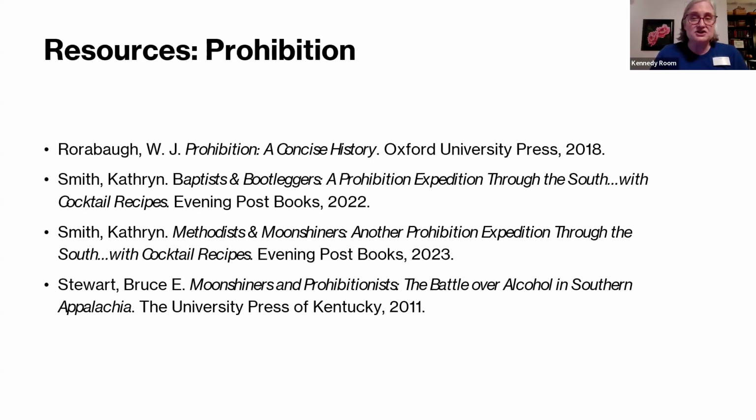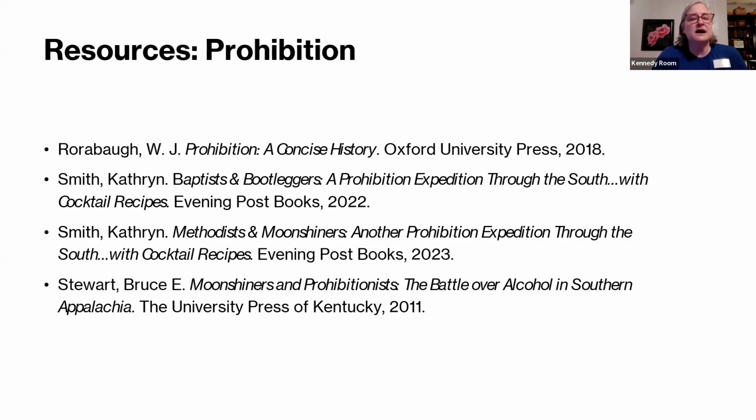They are well researched, but they are entertaining and talk about what was going on, what were regionally popular cocktail recipes or drinks for each of the places that she talks about in these books.